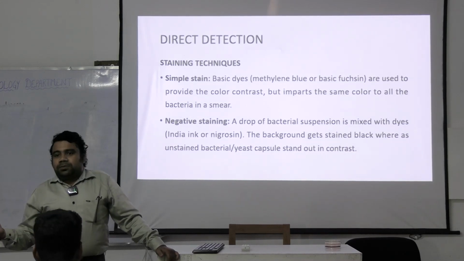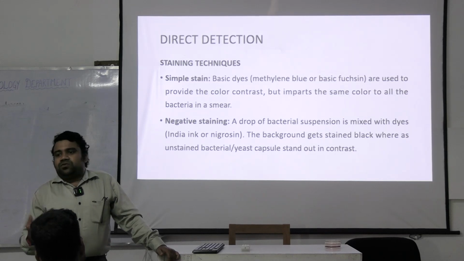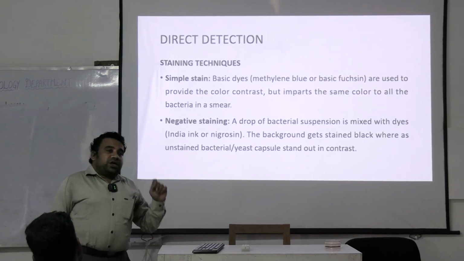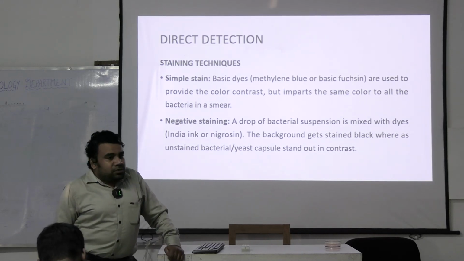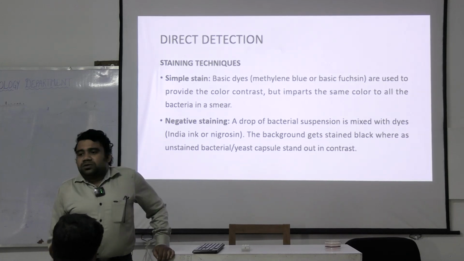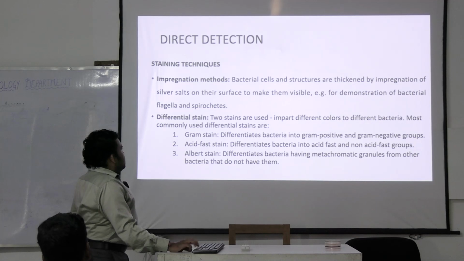The background will be distinctly colored, but the person in focus would not be. So, in positive staining, we try to stain the organism itself, and if we do it the other way around, that is, the background is stained but the organism is not stained, then we call it negative staining. Okay. So, there are many methods.